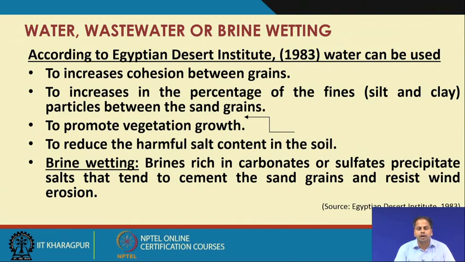The presence of water can promote vegetation growth, and it also reduces the harmful salt content in the soil, which can further lead to the growth of vegetation. Okay. Also, in brine wetting, the brines are normally rich in carbonates and sulphates, which precipitate salts that tend to cement the sand grains and resist wind erosion. Okay, so brine wetting can also be used here.